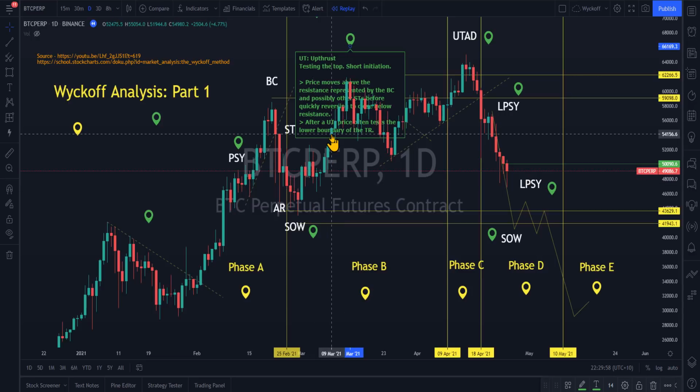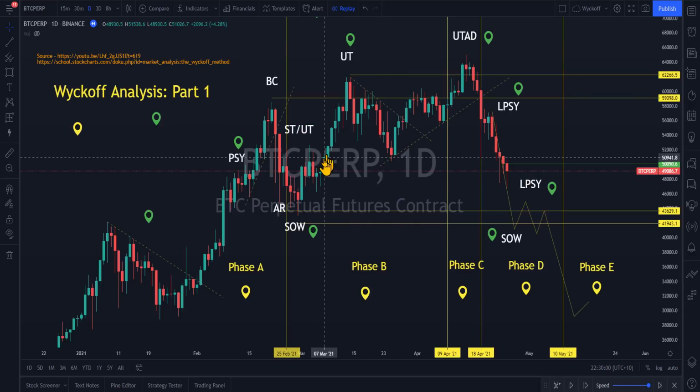This is called an upthrust. It's trying to see how far they can get the price up. The higher they get the price up, the better they do at shorting. So this is all shorting behavior, but they're trying to get it up to a position where they get the absolute maximum.